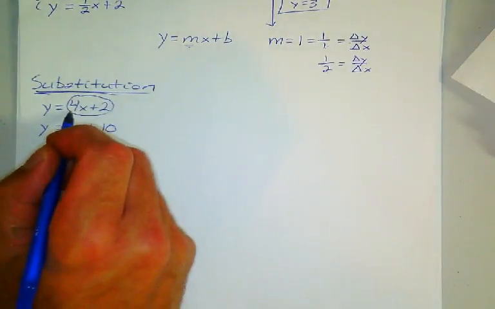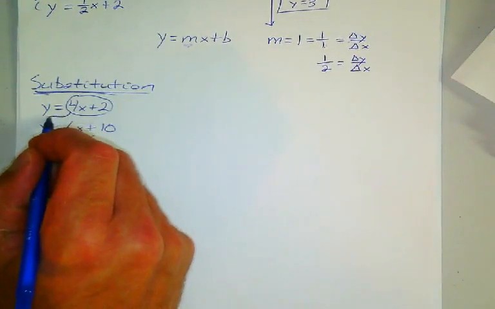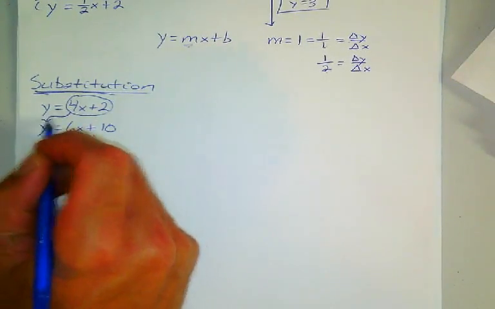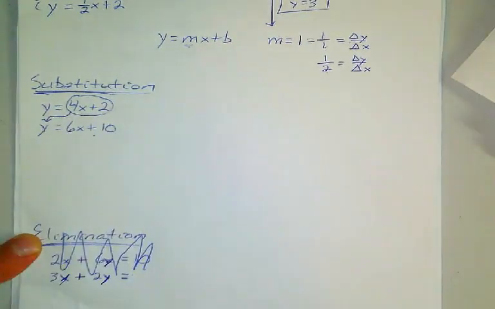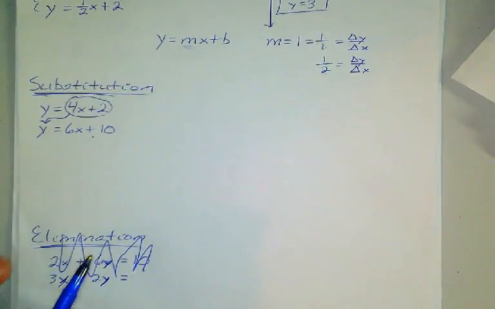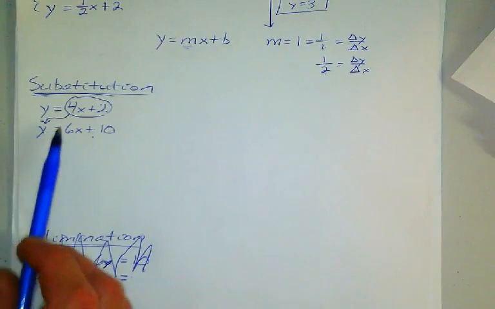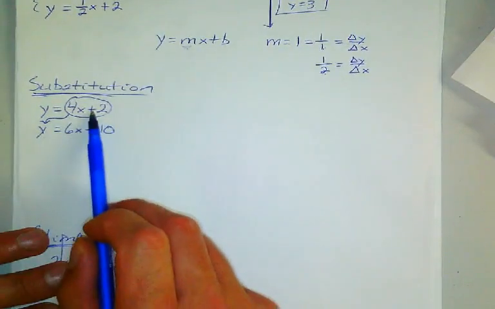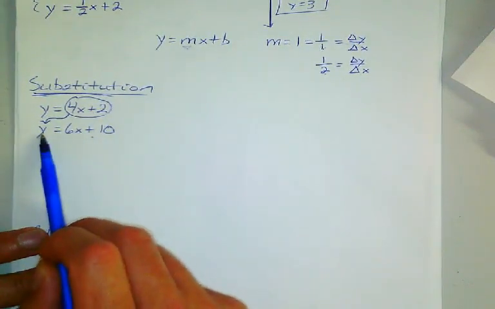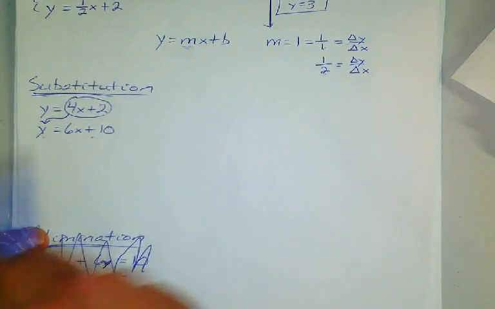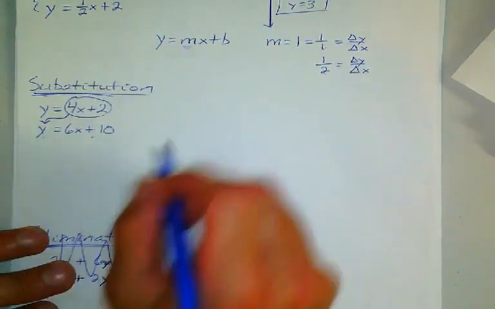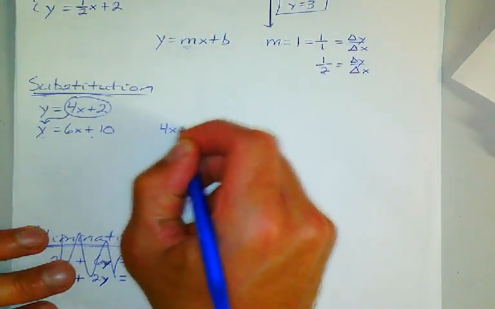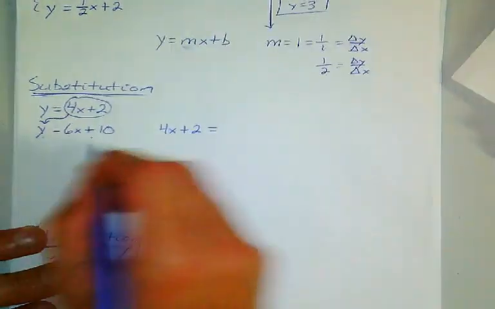So I'm going to draw an arrow from 4x plus 2 because I know 4x plus 2 is the value of y. Sometimes circles and arrows help you. Since they're both y equals, just think, set them equal to each other. Here I'm going to substitute 4x plus 2 in for y in the second equation. So my second equation becomes 4x plus 2 equals 6x plus 10.